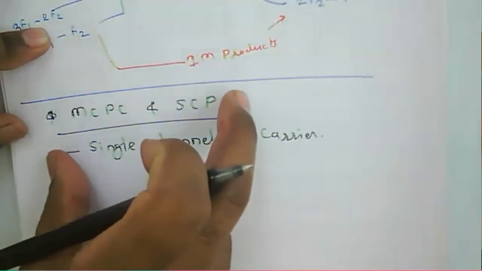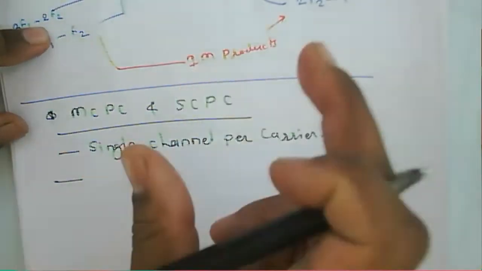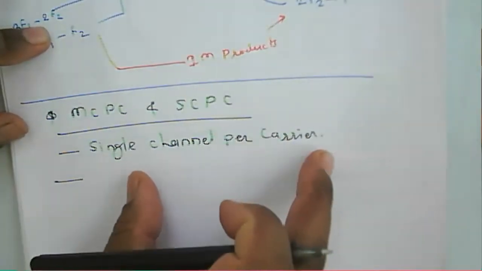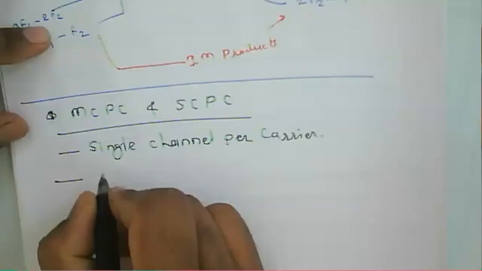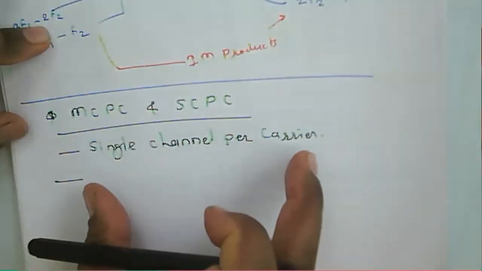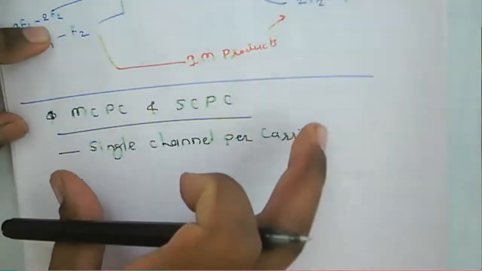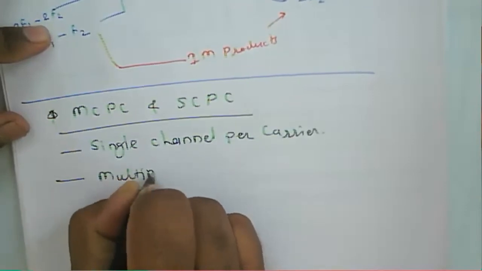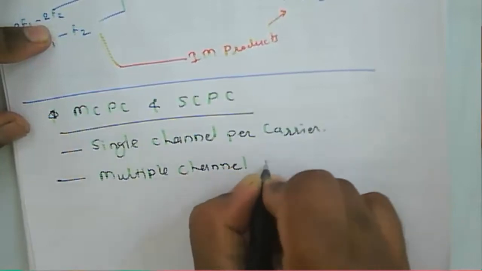If the FDMA system uses a single signal, meaning each carrier carries a single signal, then that is single channel per carrier. If it has a multiplex signal, you can say multiple channel per carrier.